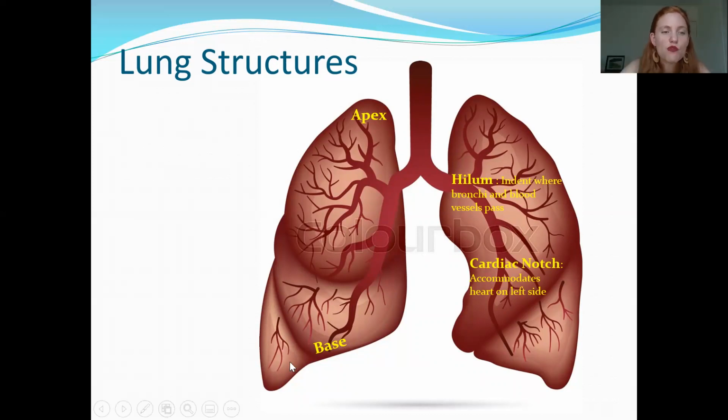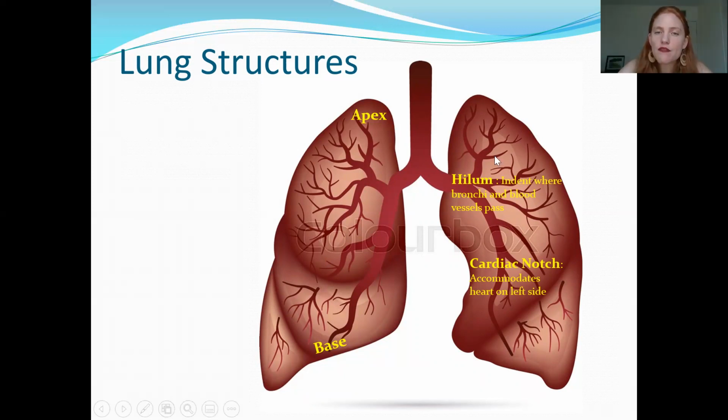Now, please note that for the heart, the apex was on the bottom, and the base was on the top. But for the lungs, the apex is going to be on the top and the base is going to be at the bottom. So just remember, apex is the pointy side, base is the flat side at the bottom.